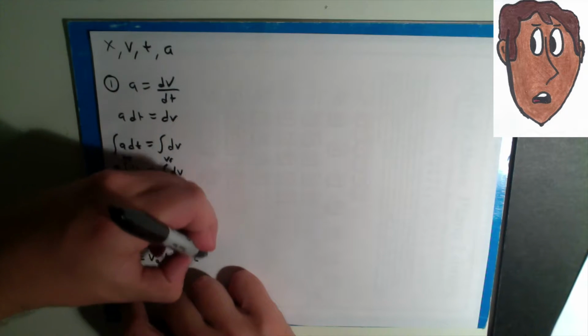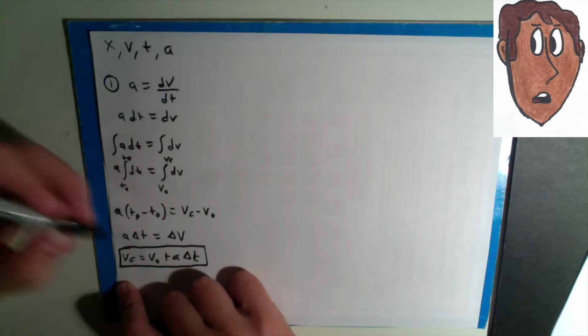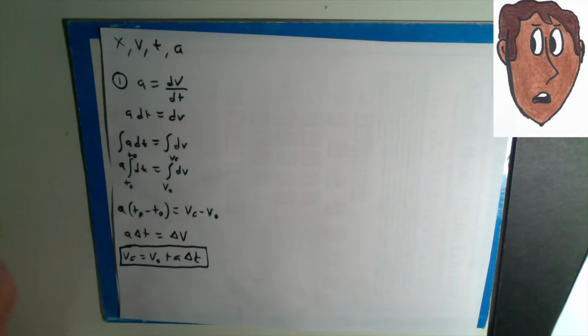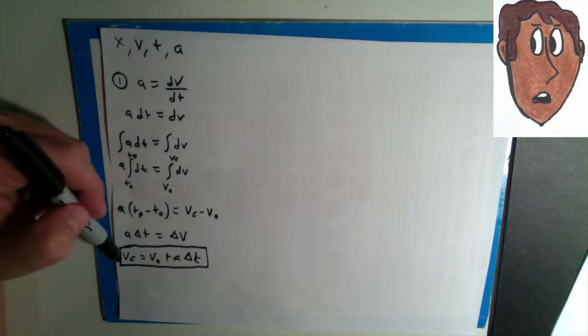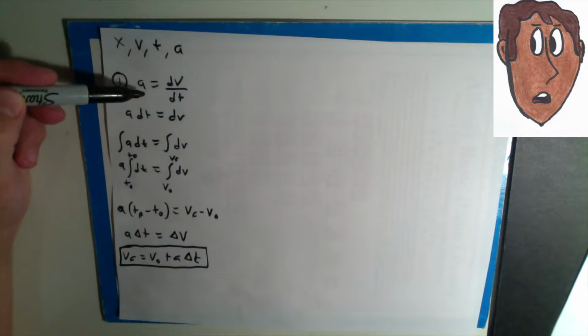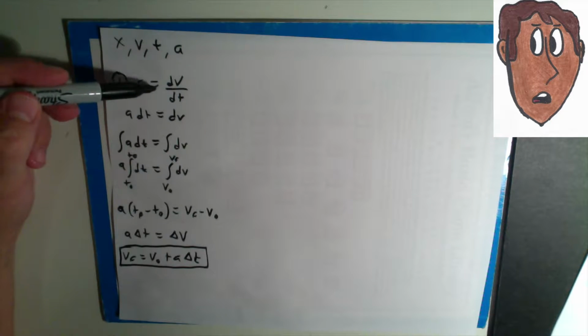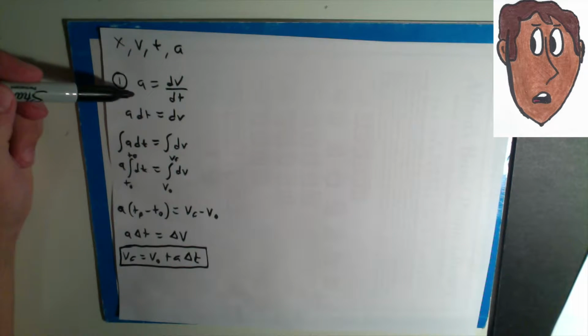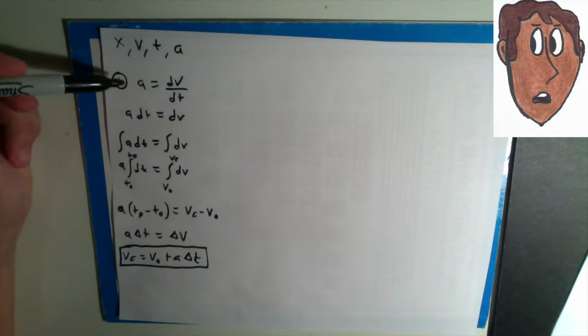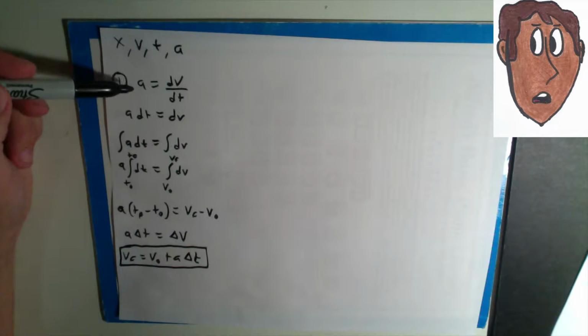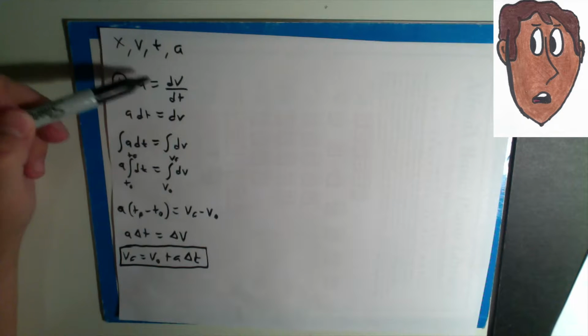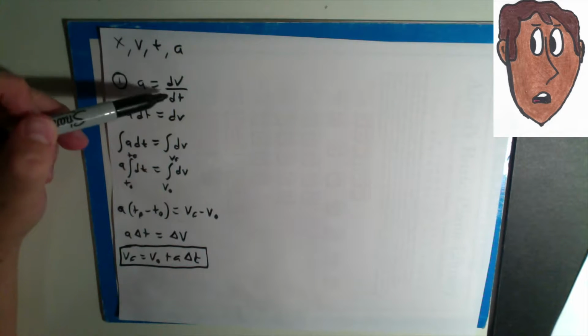And that's our first kinematic equation. So with this equation, we started with the differential equation a equals dv dt, our definition of acceleration. And so we considered the variables velocity and time.